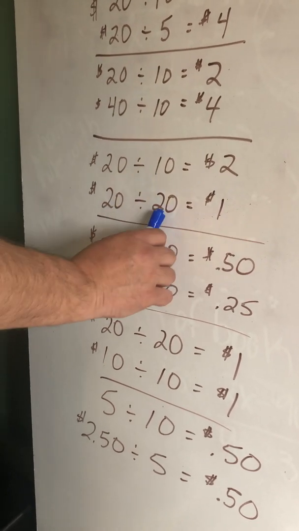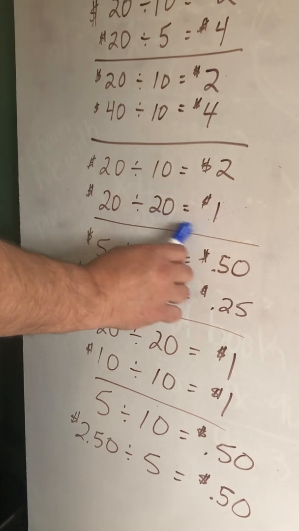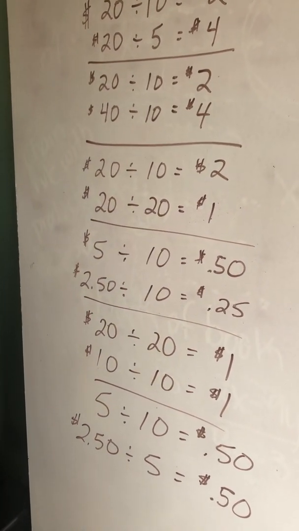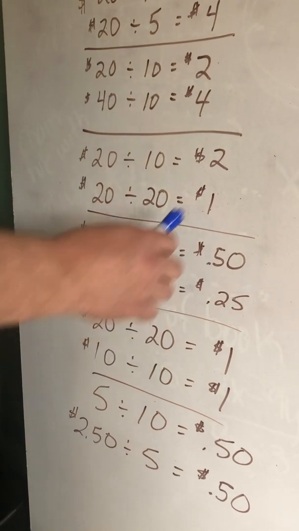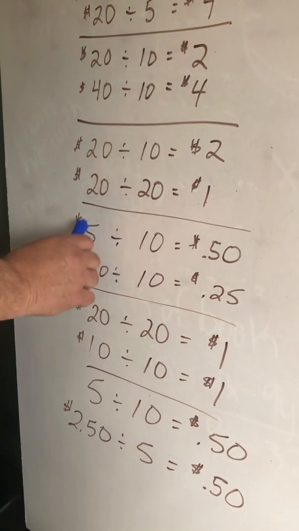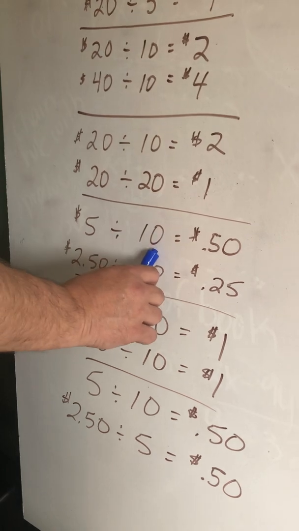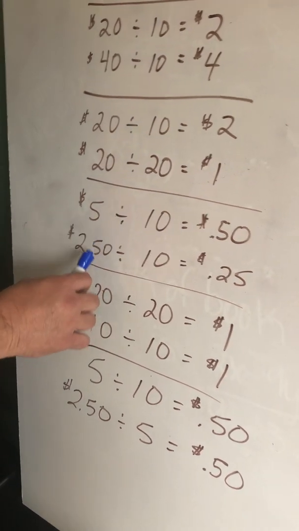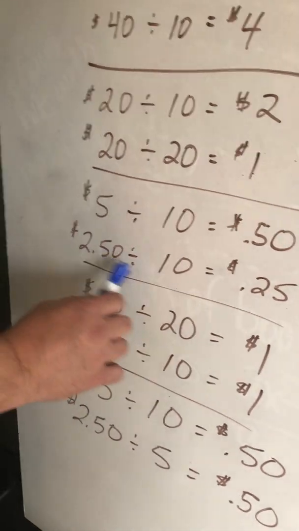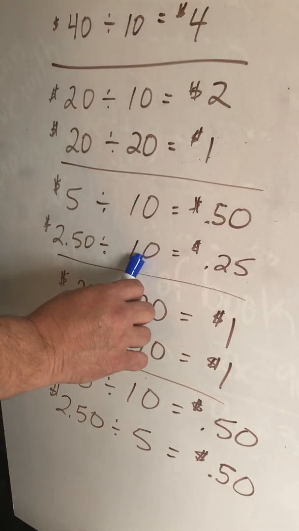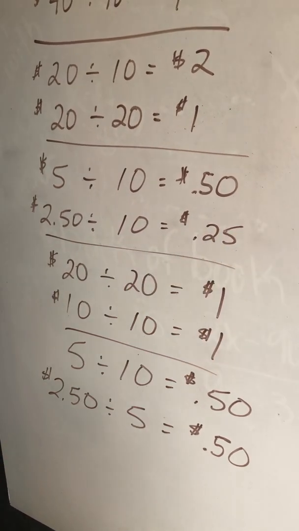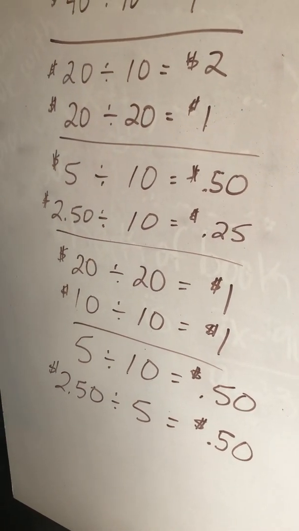Now it's $20 divided by 20 people. Now it gets cut in half because there are twice as many people that want that money. Now we're down to $1. What if we drop down to $5 divided by 10 people? It's 50 cents. If we cut the money in half but keep the same 10 people, the amount each gets is cut in half, 25 cents each.